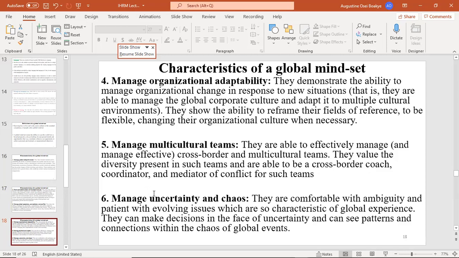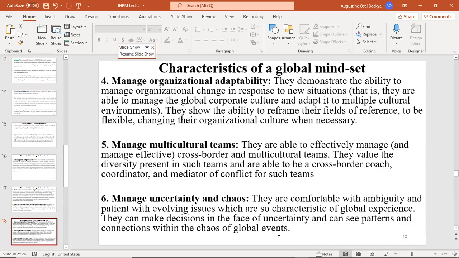Then they are also good at managing uncertainty and chaos. That is, they are comfortable with ambiguity and patient with evolving issues, which are so characteristic of the global experience. They can make decisions in the face of uncertainties and can see patterns and connections within the chaos of global events.